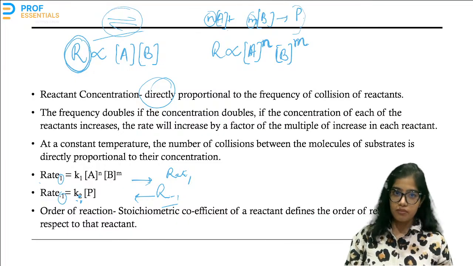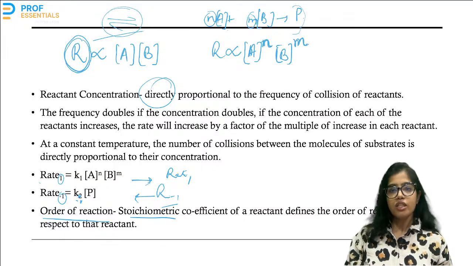Understood? Now, what is the order of reaction? Order of reaction is the stoichiometric coefficient of a reactant, and it defines the order with respect to that reactant. So the order of this reaction for reactant A is N, the order for substrate B is M, and the order of reaction for this entire reaction is N plus M. Understood?